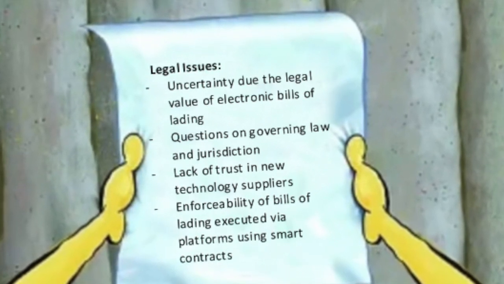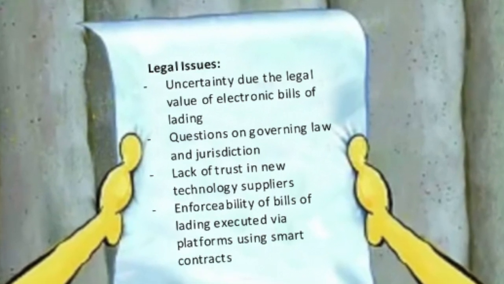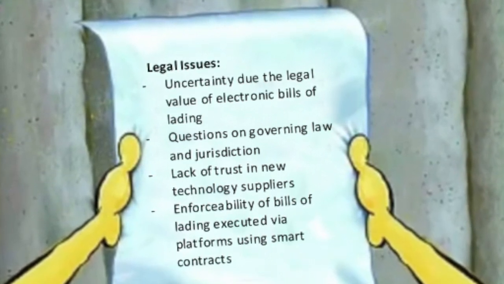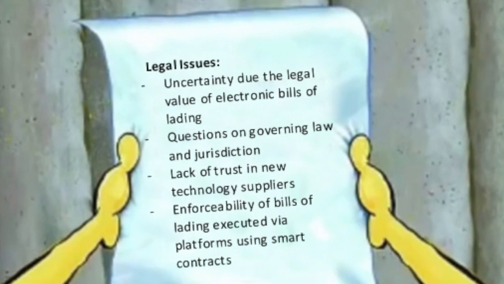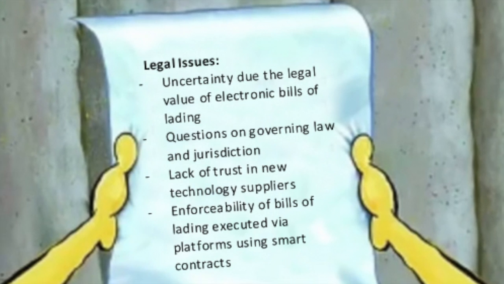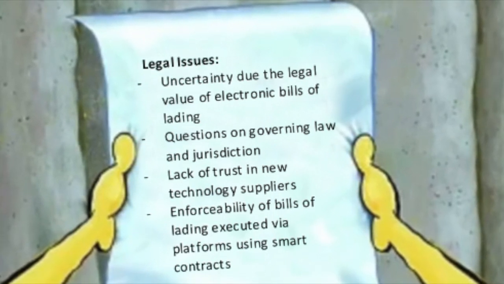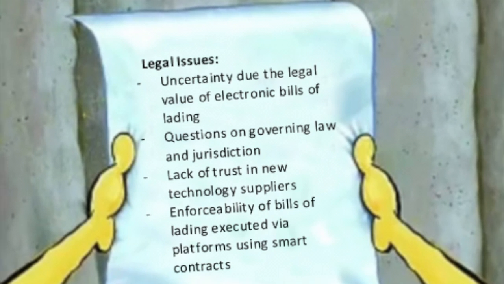Secondly, given that data processing could take place from any part of the world, there are questions on governing law and jurisdiction. Thirdly, a blockchain-based bill of lading in the form of smart contracts does not appear in the form of words but in computer codes, and many jurisdictions probably will not enforce bills of lading executed via platforms using smart contracts.